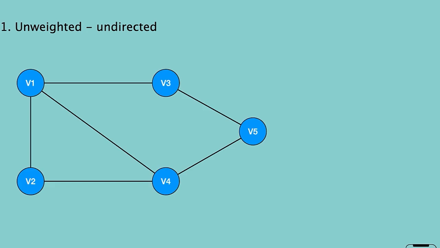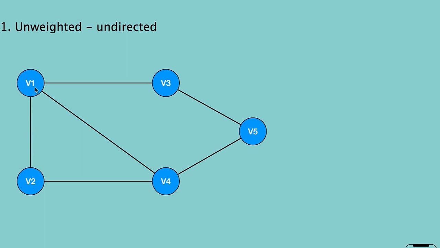So the first one is unweighted undirected graphs. So what is unweighted and undirected graphs? If we look at this graph over here, we see that this is unweighted and undirected. This means that we don't have any weight that is associated with the edge of this graph. So all edges are unweighted, and for the edge we don't have any specific direction. So this means that we can travel from V1 to V2 and from V2 to V1.